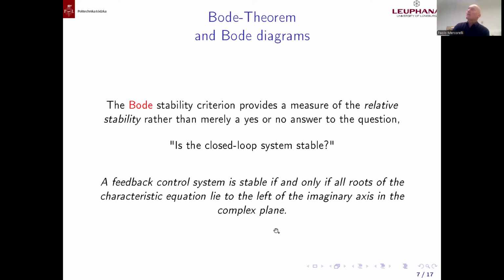Now I will introduce the Bode stability criterion, which basically isn't a theorem, or better to say, this criterion is stated by the Bode theorem, or one of the Bode theorems. And the Bode theorem answers the following question: is the closed loop stable?